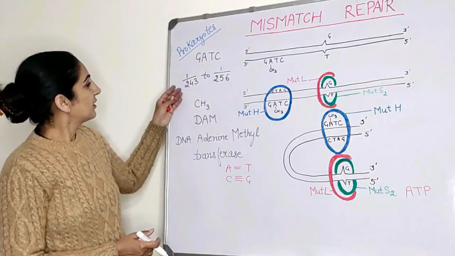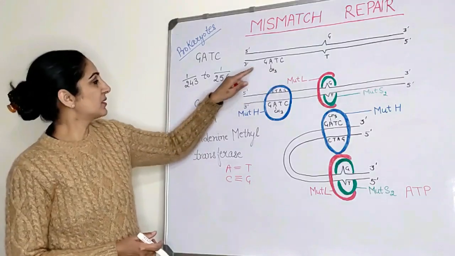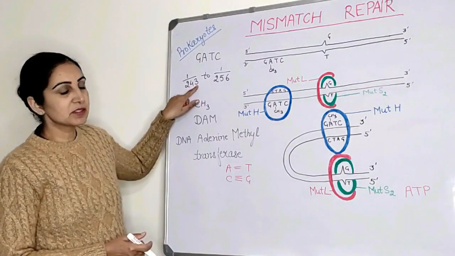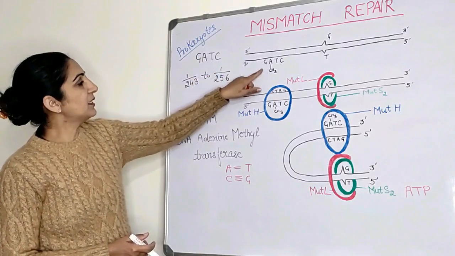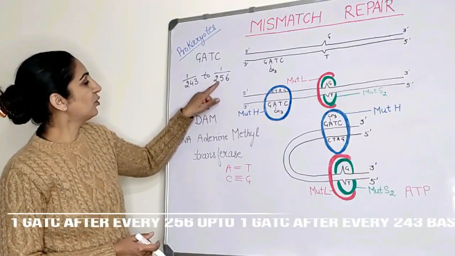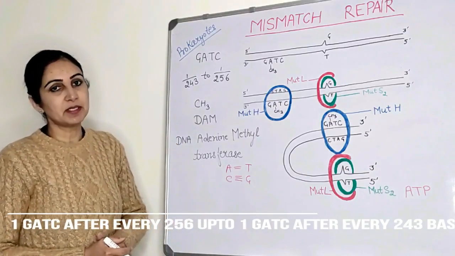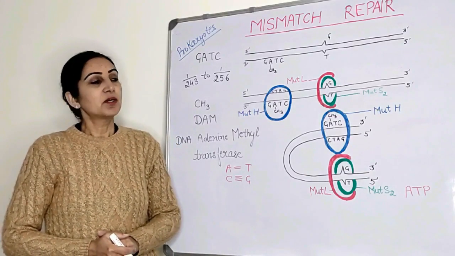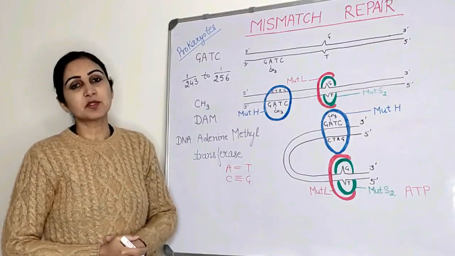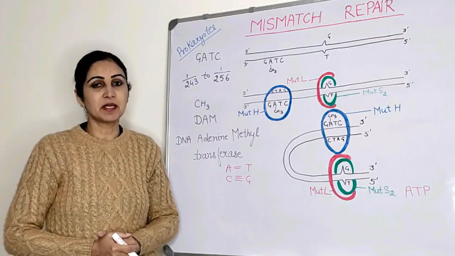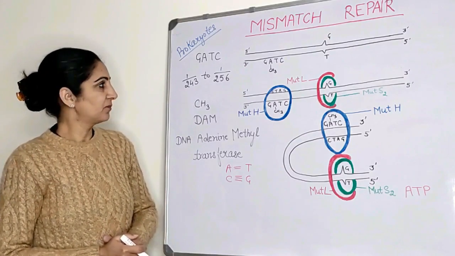They say one GATC segment occurs for every 256 bases. So in a nutshell, there will be hundreds and thousands of GATC segments in one strand of DNA, and maybe more than that.